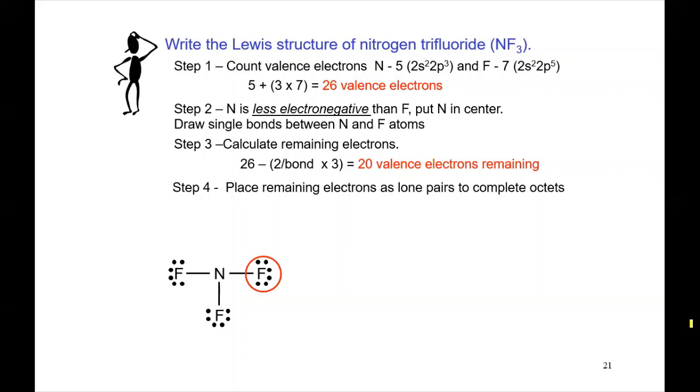Now, remember, I had to add 20 more electrons. I've just added 6 on the left, 6 on the bottom, 6 on the right, so that's 18. That means that I still have 2 leftover electrons.